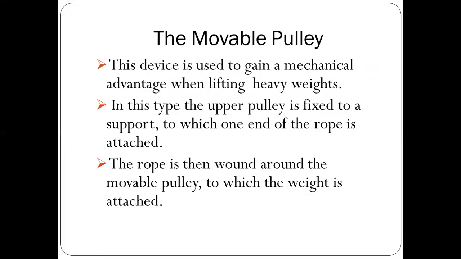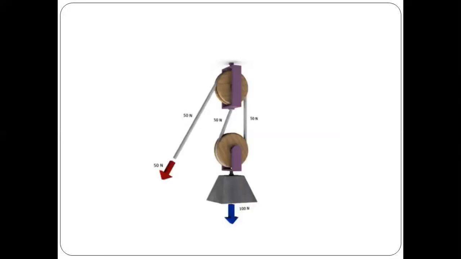The movable pulley. This device is used to gain a mechanical advantage when lifting heavy weights. In this type, the upper pulley is fixed to a support to which one end of the rope is attached. So here as we can see, this is the fixed pulley and one end of the rope is attached to this fixed pulley.